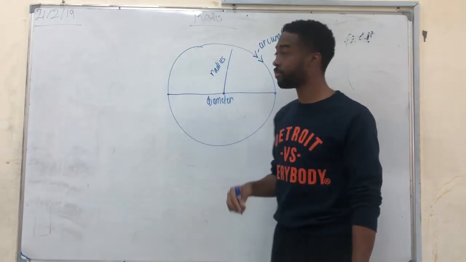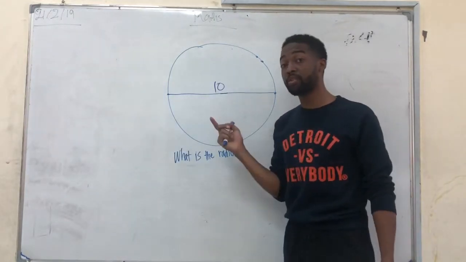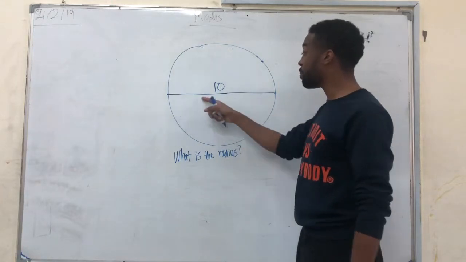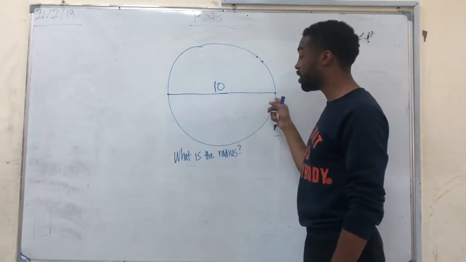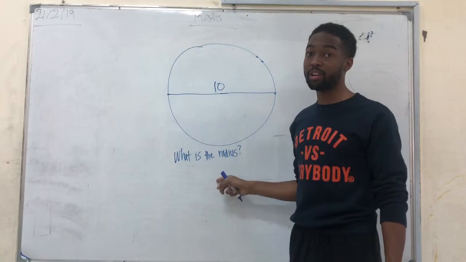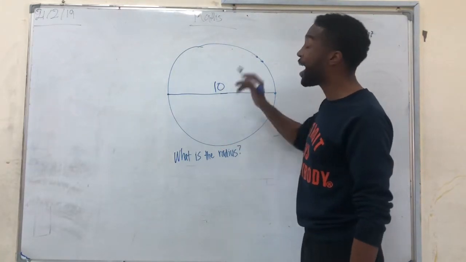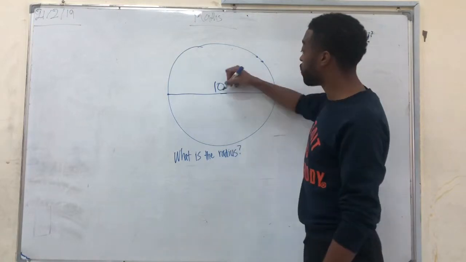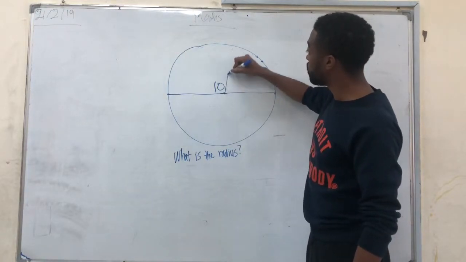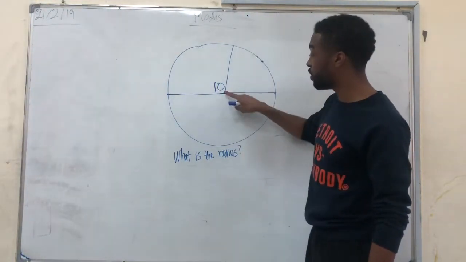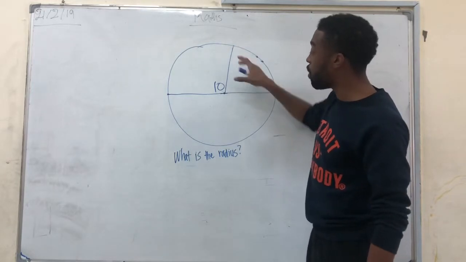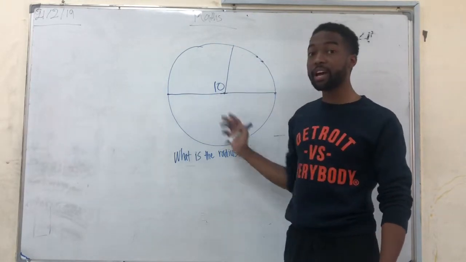So now, let's try to figure out what the radius is if they just give us the diameter. Okay, so we have a circle here. The diameter is 10. We have to figure out what the radius is. We know that the radius is half. So from the center to any point on the circle is always going to be half of the diameter.